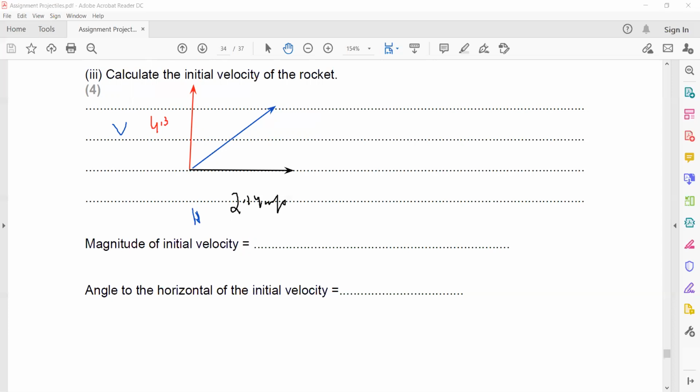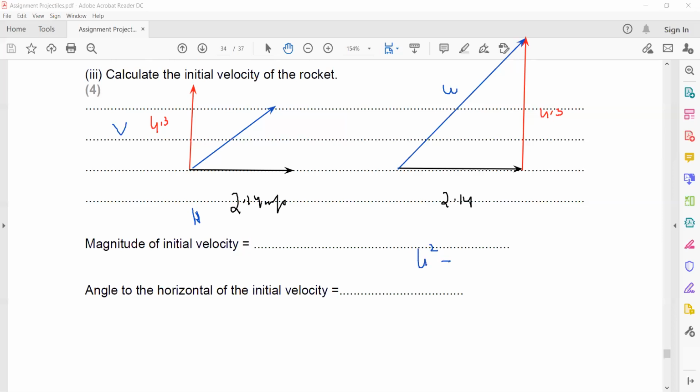If I replace the vertical component at this side, it will become a right angle triangle. The horizontal component is 2.14 and the vertical component is 4.3. So I need the initial u, which is the hypotenuse.